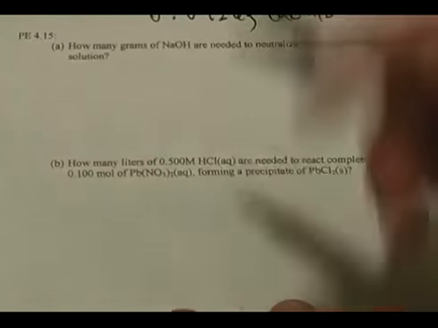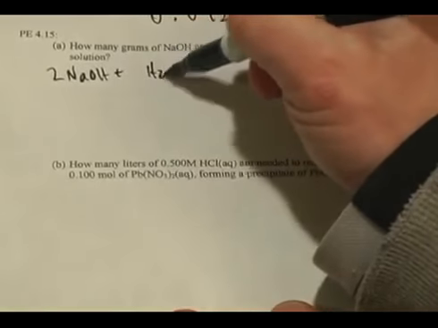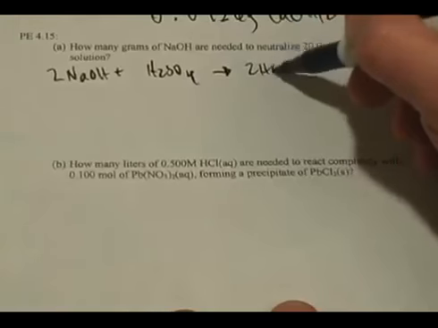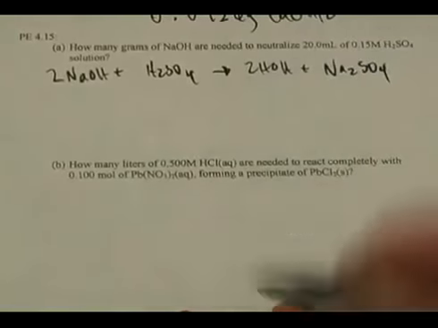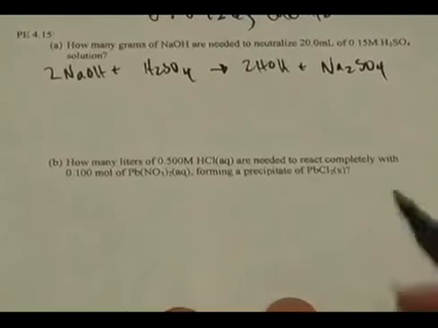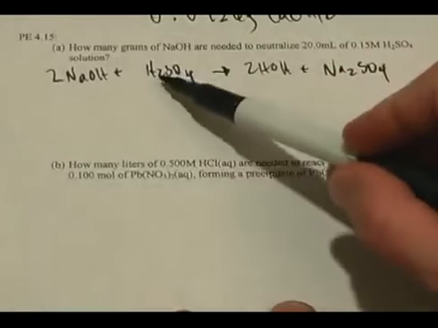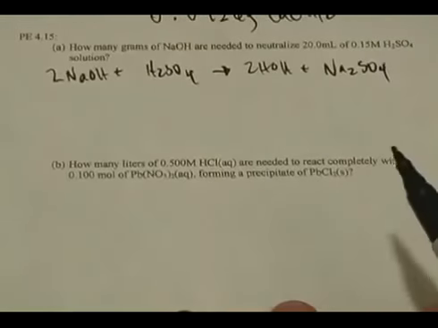Step number 1, we have 2 NaOH plus H2SO4 goes to 2 waters and Na2SO4. I just wrote the balanced equation. I didn't even do any explaining. So if you want to go back and not have the 2's in there, go ahead and balance it yourself. Notice the Na and the H swap positions right there. That's step number 1, write the balanced chemical equation.